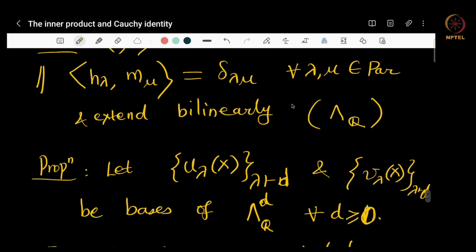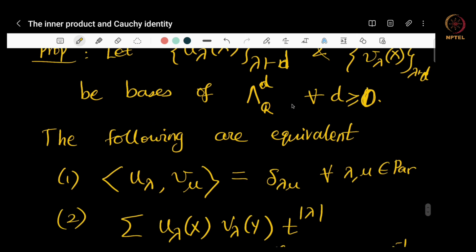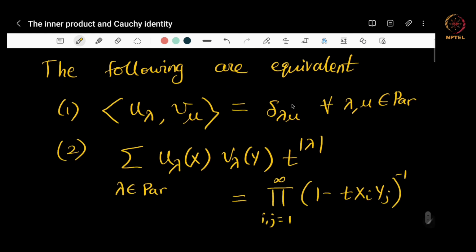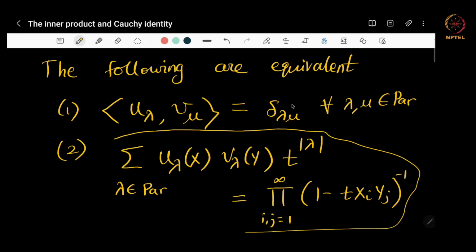That's how the form is defined. And for h and m, of course, we know the Cauchy identity, that's exactly this identity here, with the t's, but that's the same as matching degree by degree. So this identity we know in the case of h's and m's, and there, of course, this statement is true. But what's interesting is that statement 2 actually implies statement 1.